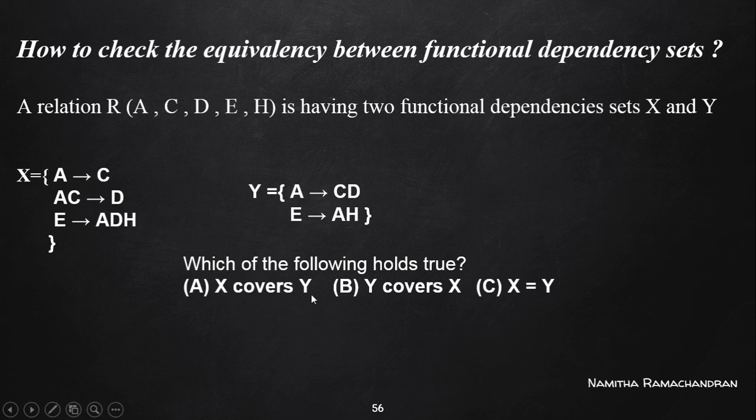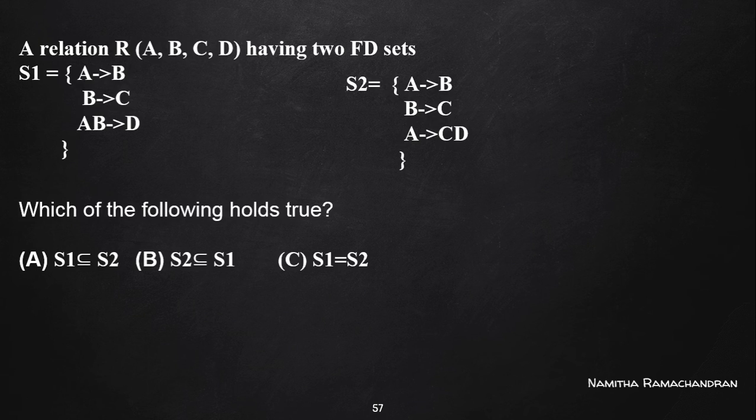How can we notate this? X superset Y or Y subset X. Y covers X means Y is the superset and X is the subset. How can we write? Y superset X or X is a subset of Y. Okay, so understand the meaning of this.